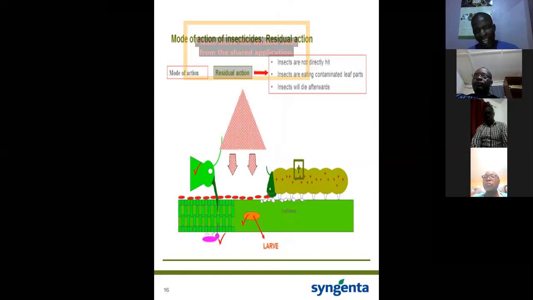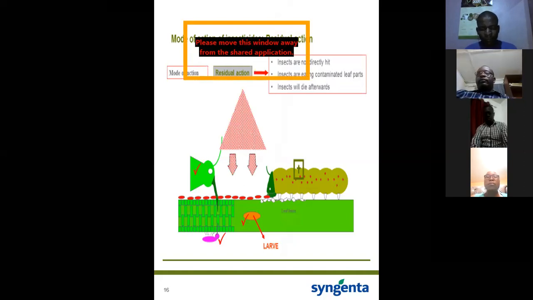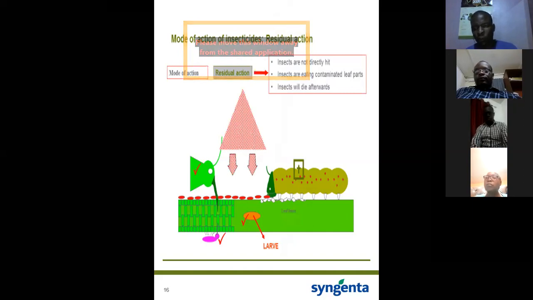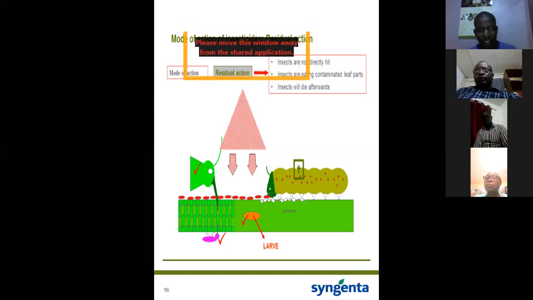Like I explained earlier, it's powered by two active ingredients, emamectin and lufenuron. Emamectin paralyzes the insect, and lufenuron disrupts the life cycle, preventing the establishment of new pests. When you use Denimfit, it's able to control all those pests that I mentioned earlier.